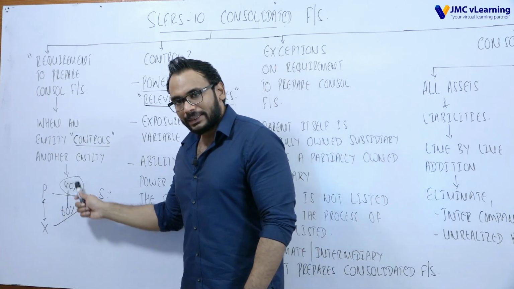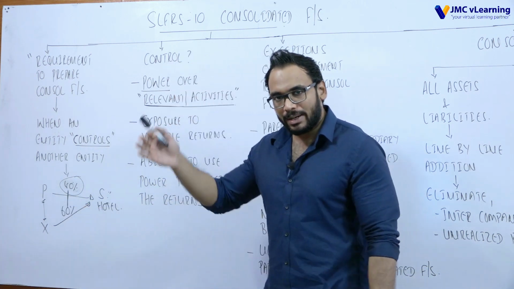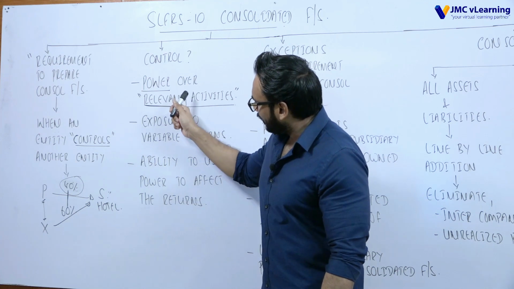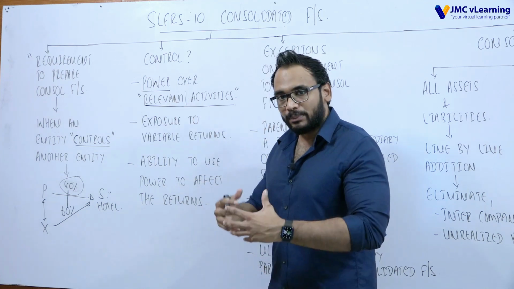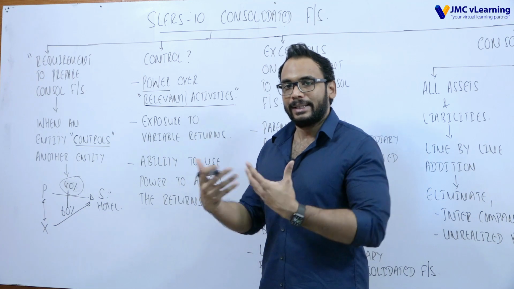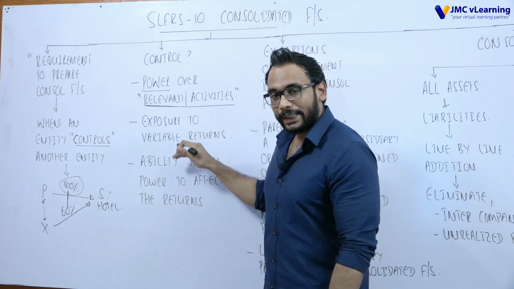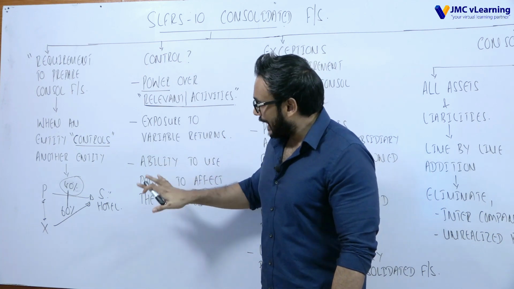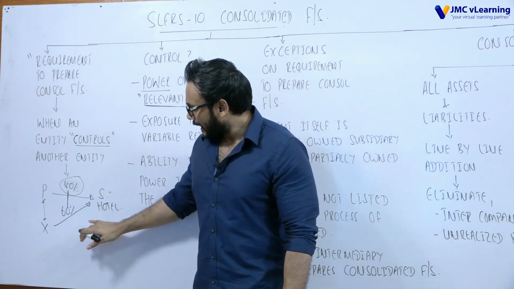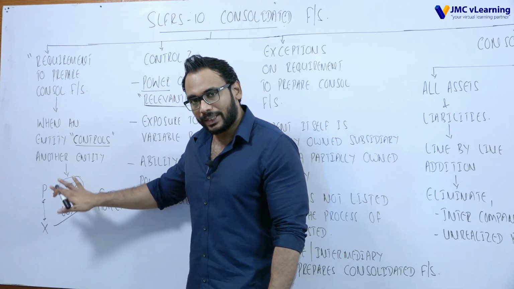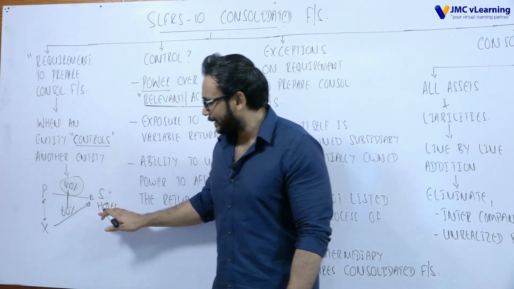Now that is exposure to variable returns, and P should be able to use that power they have to affect the return. The more they manage it properly, the higher the return they generate. So there is a link between the power and the return they get. So in an example like that, even though P owns less than 50%, we could conclude that P controls S, right?